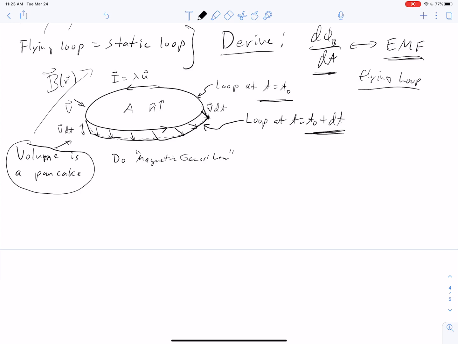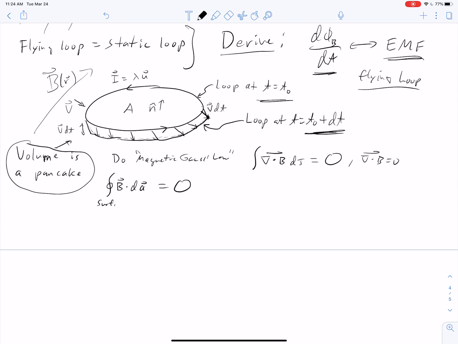It simply says that the integral of del dot B over any volume d tau is equal to 0, since del dot B equals 0. Because that's an integral of a divergence over a volume, that means the integral of B dot dA over a closed surface is equal to 0. We know that to be true.